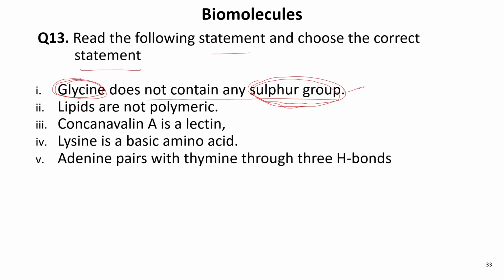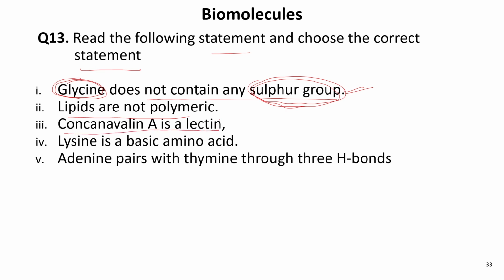So this statement is correct. Lipids are not polymeric. Yes, lipids do not form a polymeric structure. Nucleic acid we can see, polysaccharide we can see, protein we can see, but lipid is not a polymeric structure.